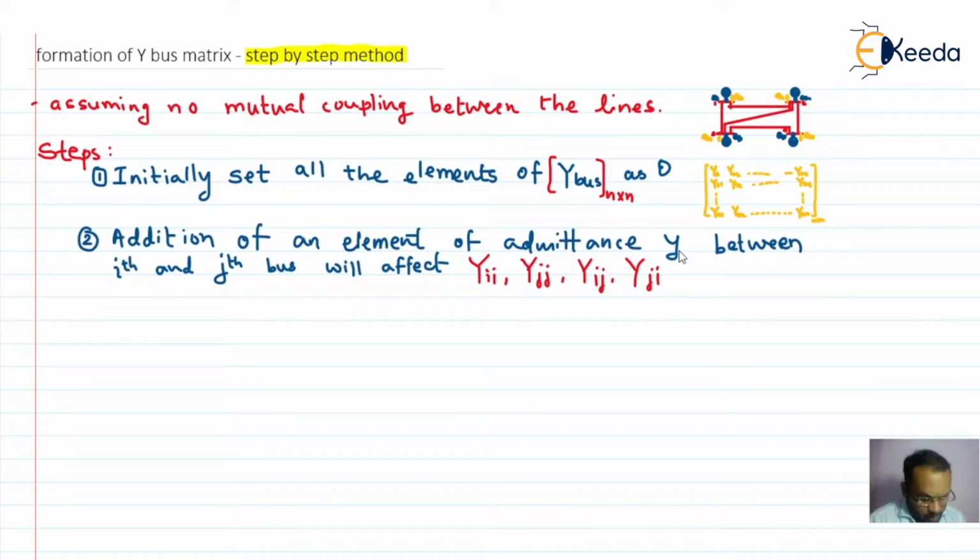See what we will do here. Whatever power system is given to us, we'll take that power system first. First, make all the elements of the Y-bus 0. Then consider one of the elements, and see, after adding that element in the power system, which elements of the Y-bus it will affect.